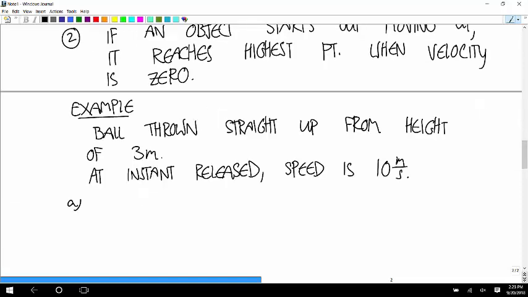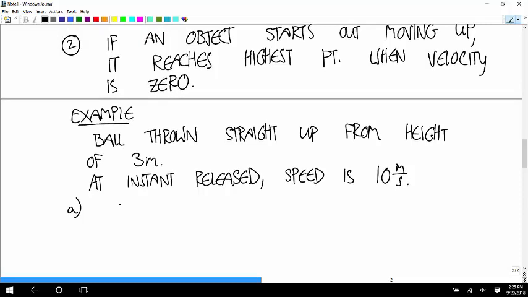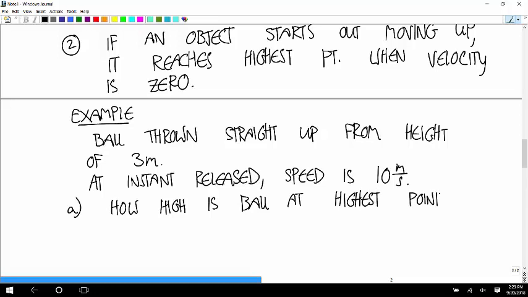And we want to know two things. First, we want to know what's the ball's maximum height. So how high above the ground is it at its highest point? Second, let's say what's the ball's velocity?